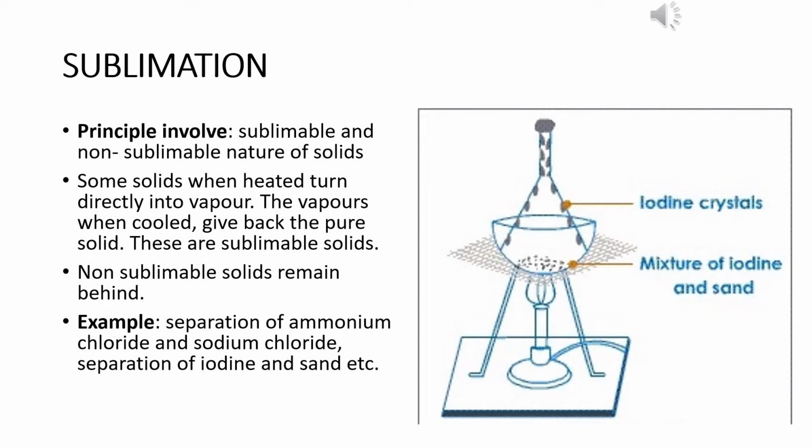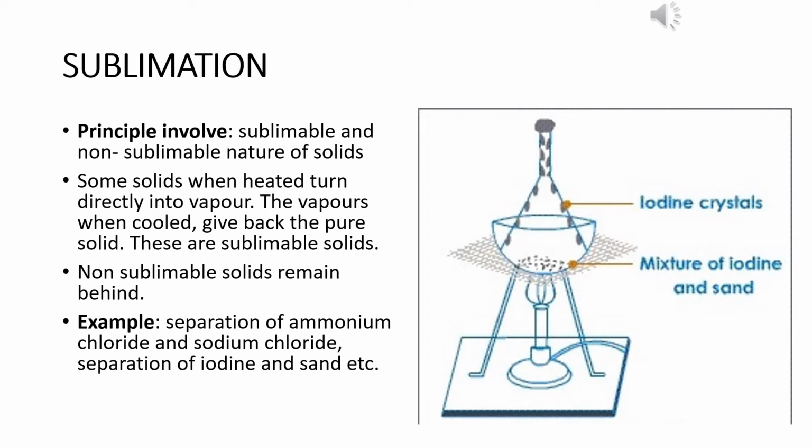We know that normally if we heat a solid particle, it will turn into the liquid phase, and then upon further heating, the liquid phase will turn into the gaseous phase. But there are some solids which upon heating will turn directly into the gaseous or vapor phase, escaping the liquid phase. Those types of solids are known as sublimable solids.